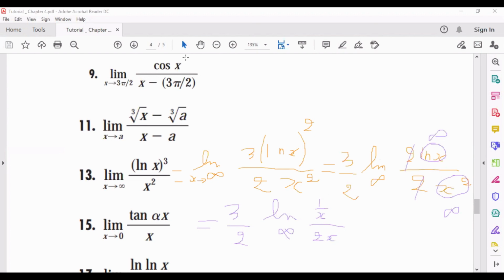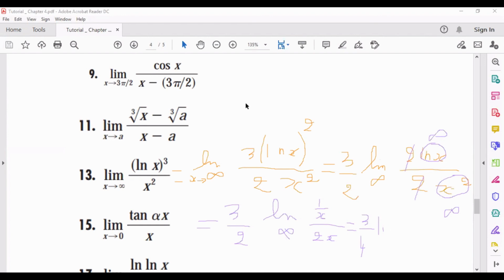We don't have any natural logarithm. It's equal to 3 over 4. Limit at infinity, 3 over 4. Limit when x goes to infinity of what?